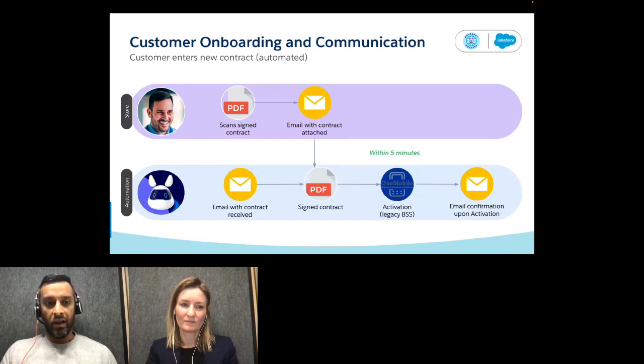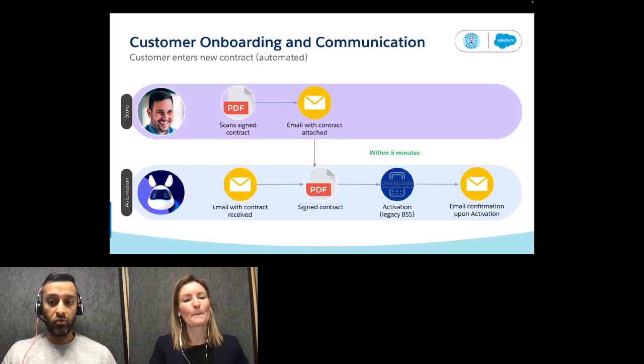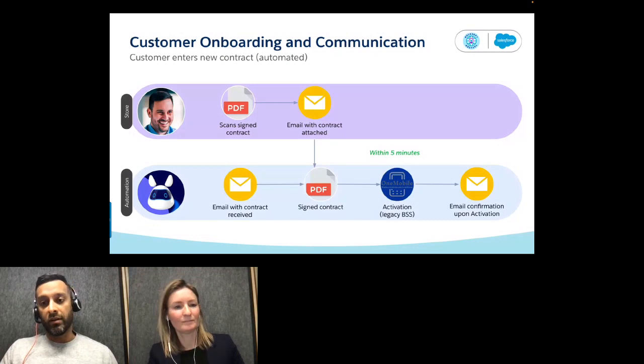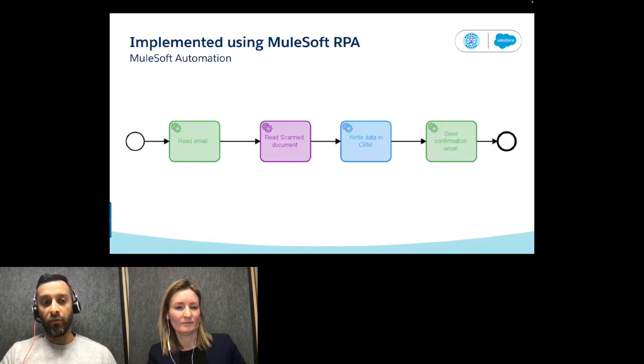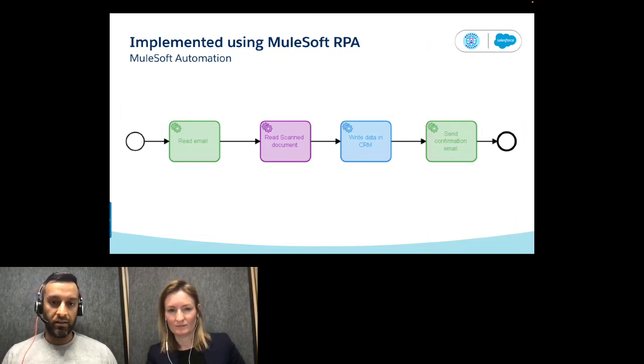So we will be looking at this process where we have used our MuleSoft RPA solution to completely automate the execution of the process on the operations side. The very first step is about reading the email. Whenever an email enters a defined inbox, we can define filters and check what the content is about based on rules.